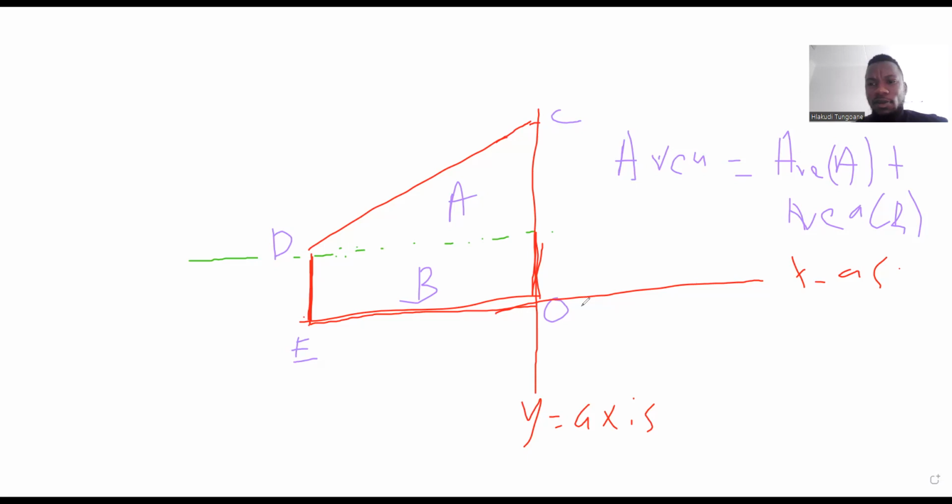So you're going to have 1/2 base times height, plus length times breadth for the area of the rectangle.